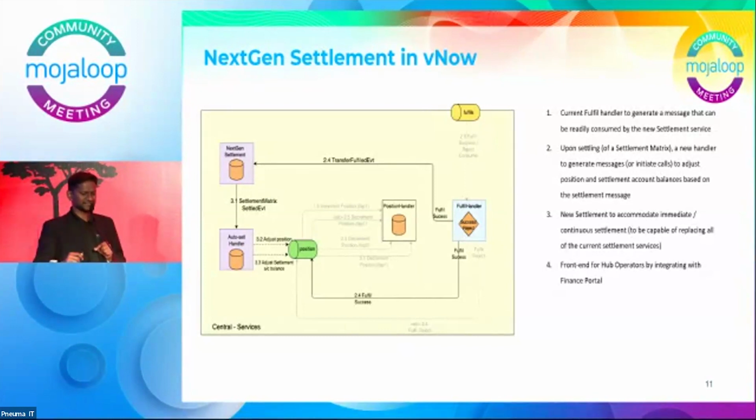And on the other side, once a settlement is done, a settlement matrix is settled, how do we take up the follow-up actions after that, which would involve updating the settlement balance and the position of the FSPs. So that's what we try to depict here in this diagram. And we have a good design with that. Vijay, Michael, Jason, and I were able to look at this and agree that this will work. We now will proceed into implementation of this. Thank you. We'll pass this on to Jason for the rest of the presentation.